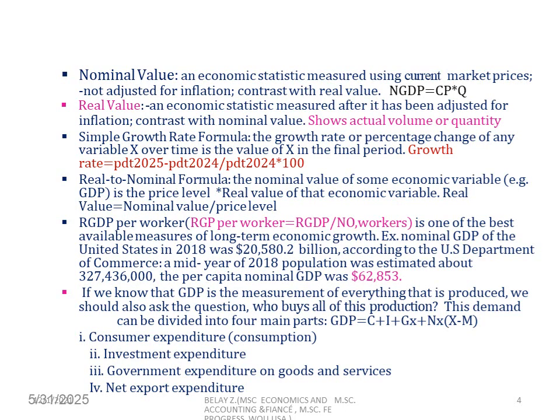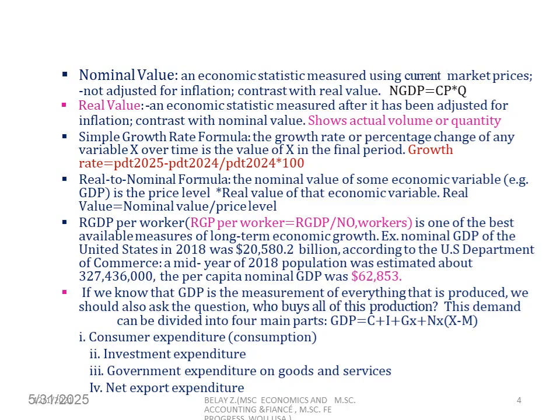This shows our simple growth rate formula. In other words, the final production minus the initial production over initial production times 100. This shows the growth rate or percentage change of any variable.